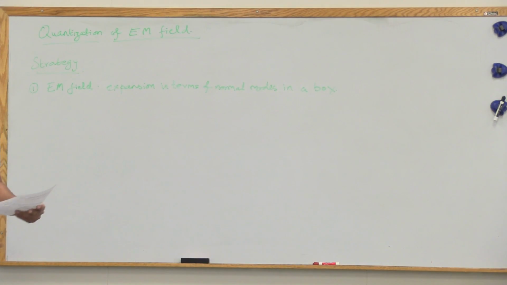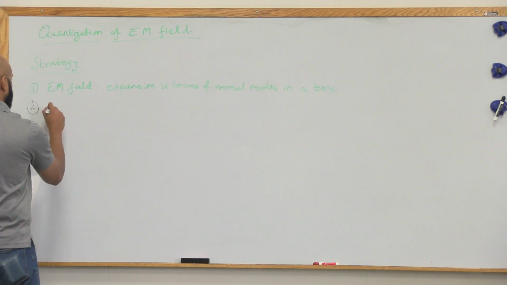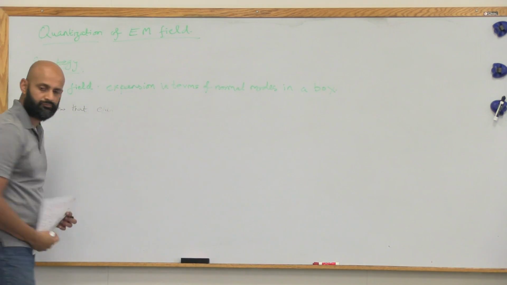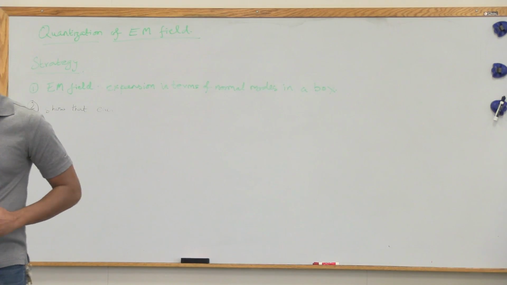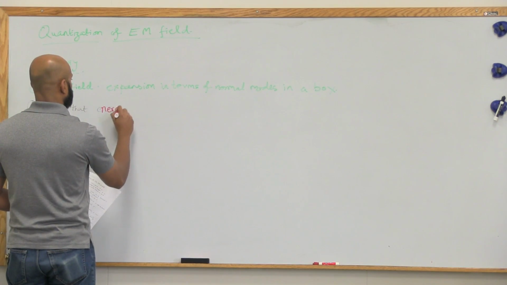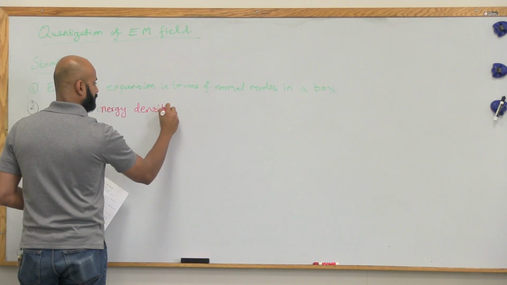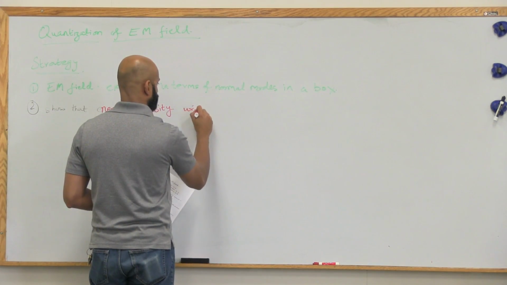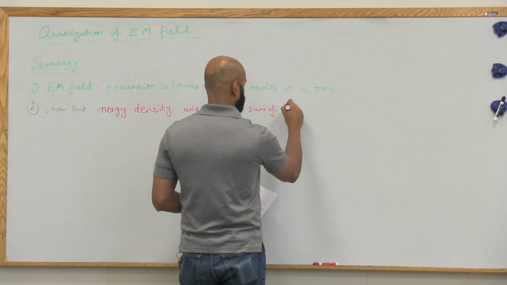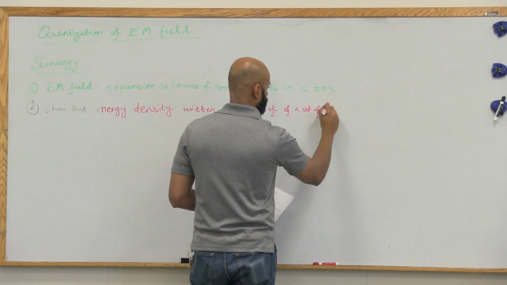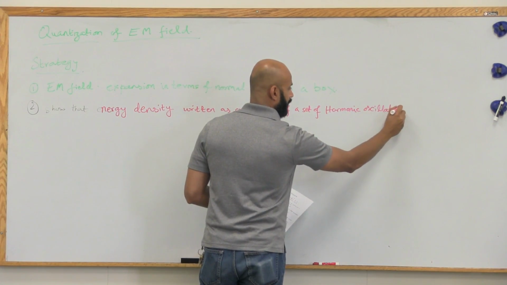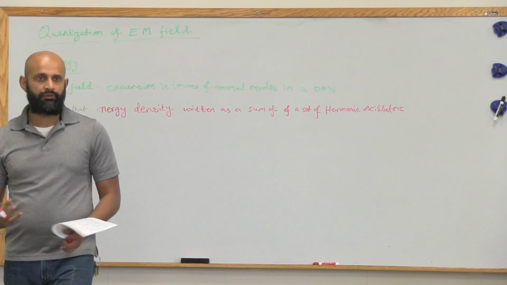The second step was that we showed that the energy density is written as a sum of harmonic oscillators, one harmonic oscillator for each mode in the box.